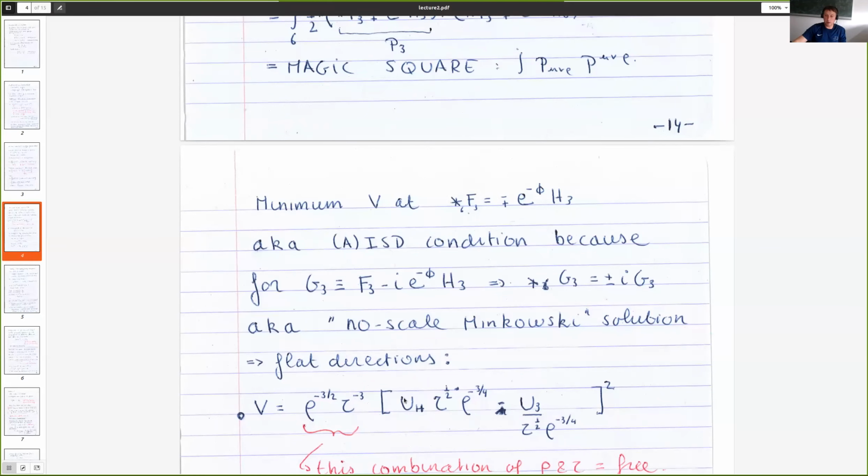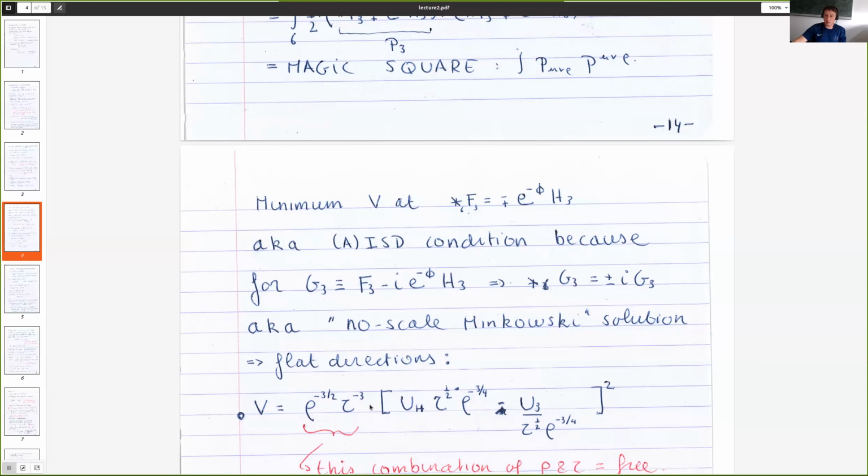There is a square, and inside the square, you have this combination. So there's tau to the 1 over 2, rho to the minus 3 over 4. And exactly that combination appears here in the denominator. So you should think of this as one scalar combination. Here is the same one. And here is an orthogonal scalar combination.